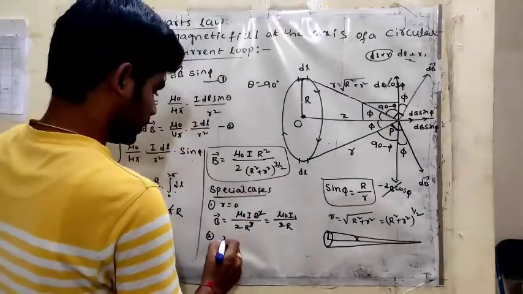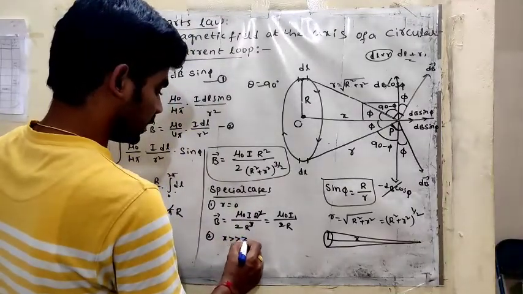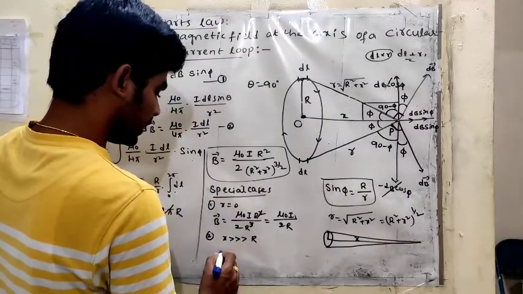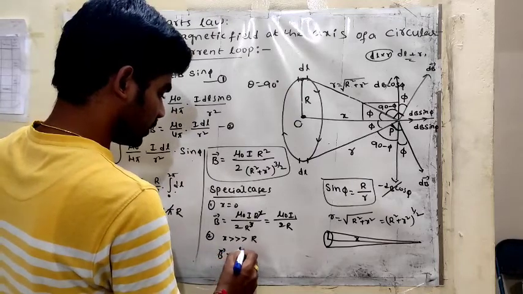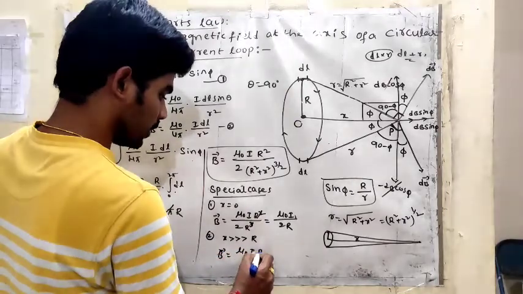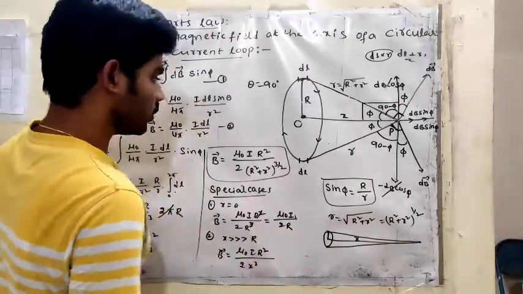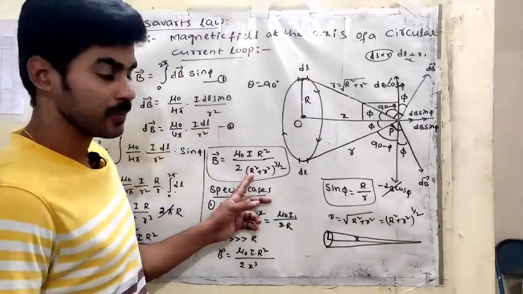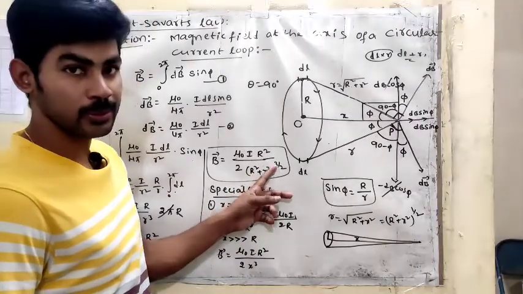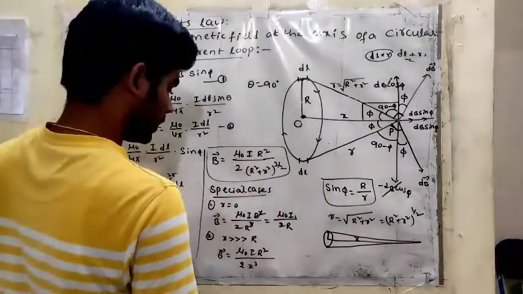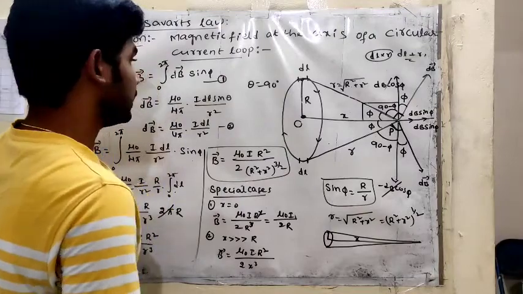In that case, x is greater than r, so we get B bar is equal to mu naught I r square by 2 into x cube, because r square is neglected, x square whole power 3 by 2, the 2 gets cancelled, x cube only remaining. So this is the second condition.